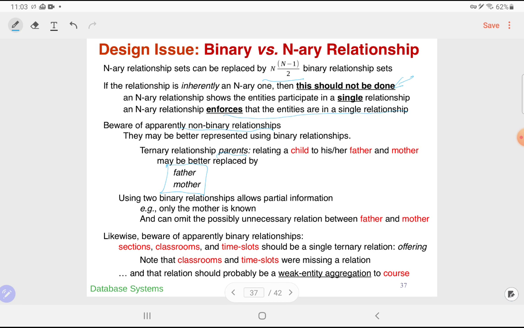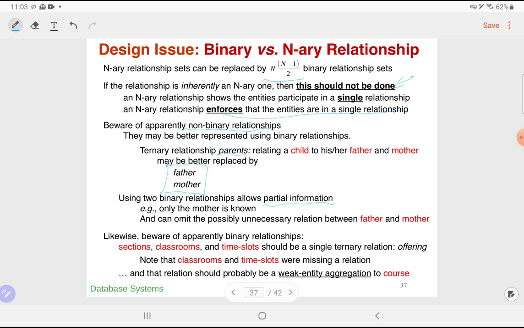Why? Because we can have partial information. Unlike the situation of a course that's scheduled in a classroom at a given time, which has to go together, otherwise we've got double booking, not knowing who the father or the mother are, not an issue. You may only know the mother, in which case requiring father information is a problem.